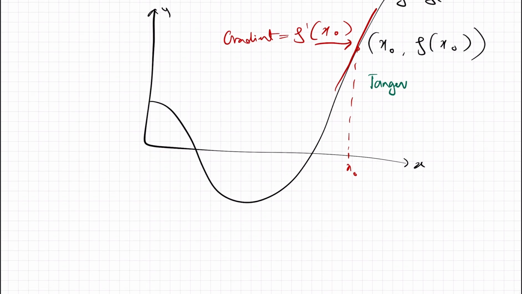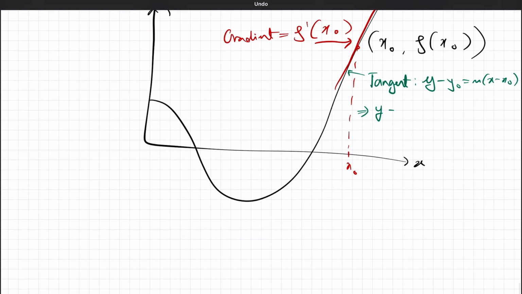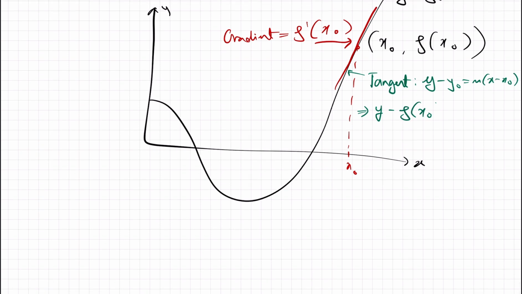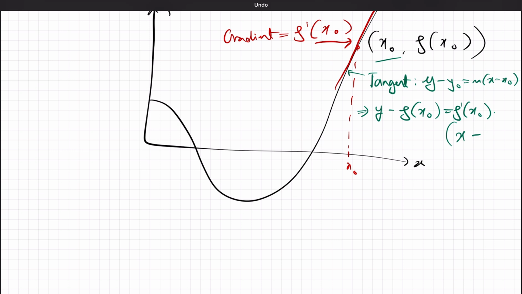So let's just write this. This tangent has equation, well, I'm going to use the expression y minus y0 equals m times x minus x0. That gives us y minus y0, or the point, which is f of x0, is equal to the gradient, f dash of x0, multiplied by x minus x0.